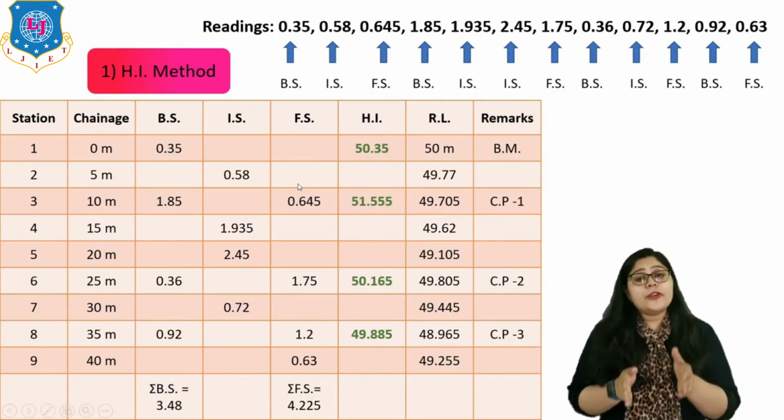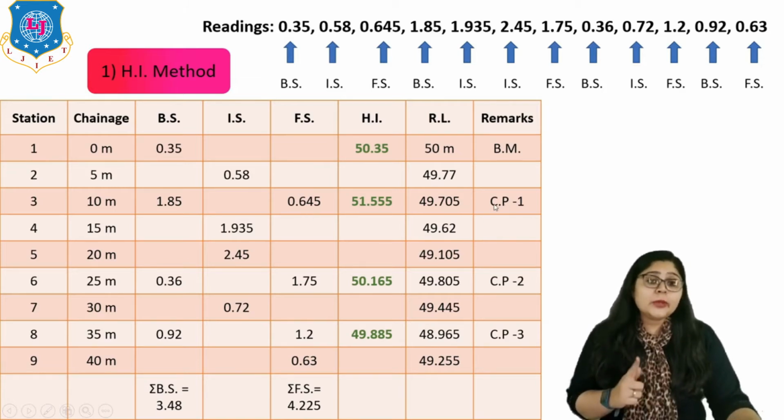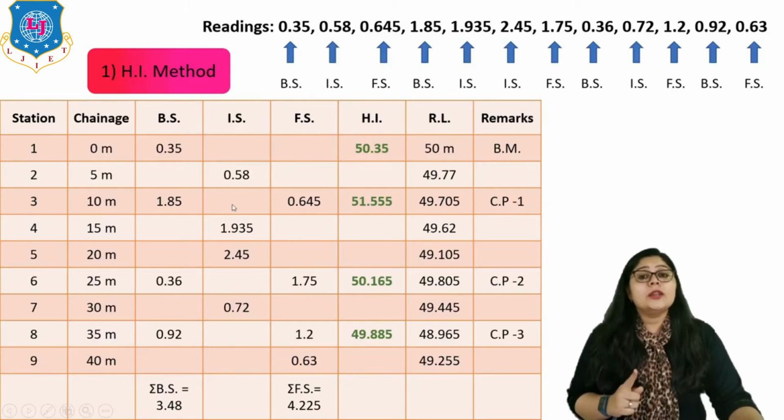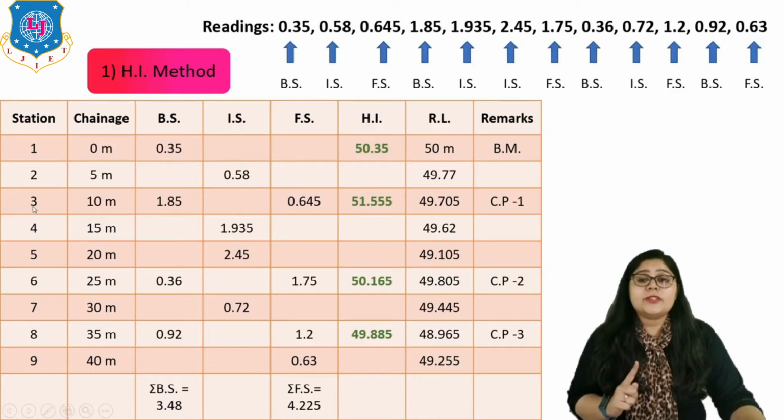Now once the FS comes, it means you are talking about the change point. It means this station acts as a change point. Whenever the change point comes, on the same station the last reading and the first reading come to connect these two setups, right? So the third reading, which is of FS, is over here, but after that, whatever the reading is known as BS, that we have taken on the same station.